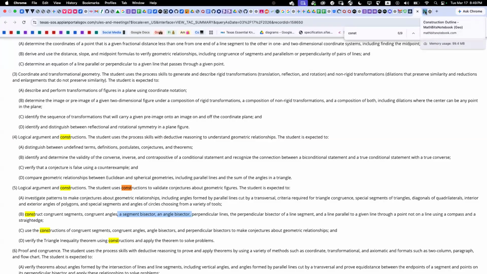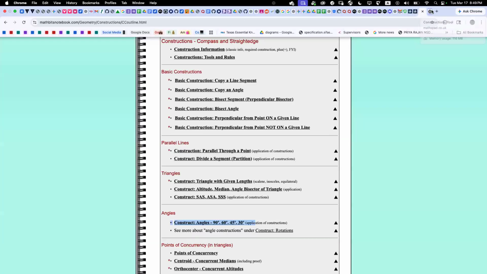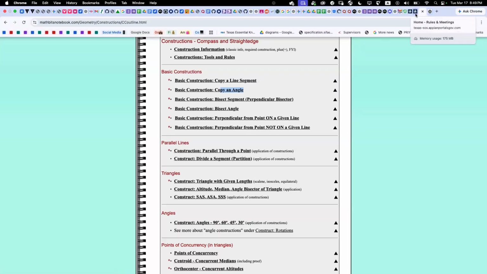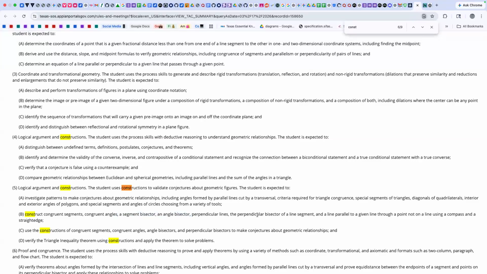Okay, let's go back. You're going to see, it's the same thing in here. When you look at it, copy a line segment, copy an angle. See? Bisect segment, bisect angle. Perpendicular from point on a given line, perpendicular from point not on a given line. Exactly that is in here.